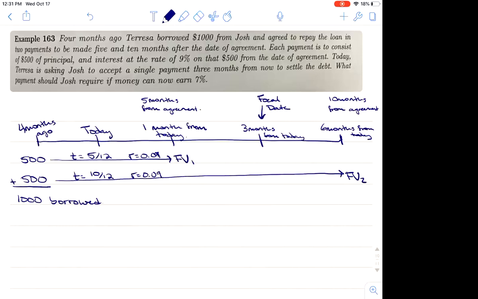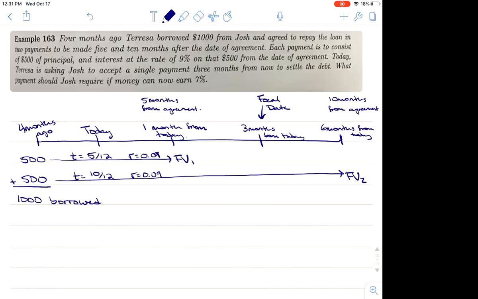So now she's saying, scrap that, I want to repay these 3 months from today. So what we're going to do is pull these future value 1 and future value 2 to the focal date 3 months from today.